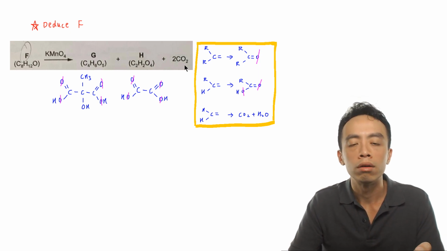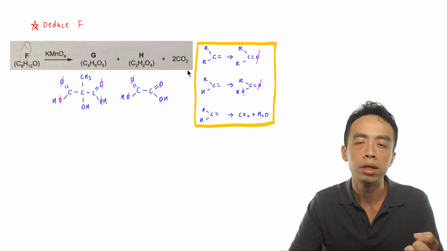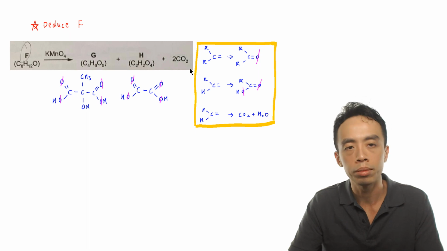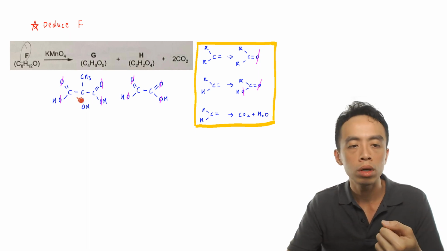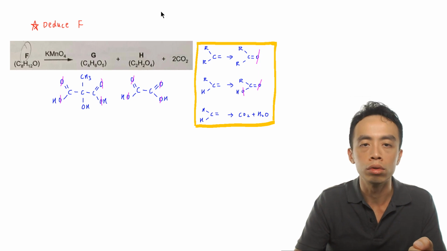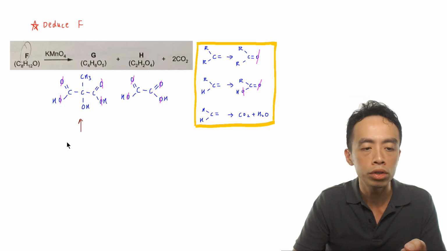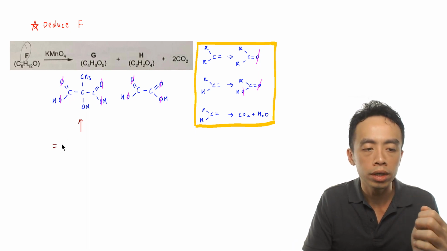Then how about for our CO2? CO2 will be easier. CO2 will just be a terminal carbon. So same thing, working backwards, what will this structure look like before it is oxidized to G? If I try to draw this fragment, remember this will be a C double bond and a CH. So I'll draw the double bond here, and this will be the CH.